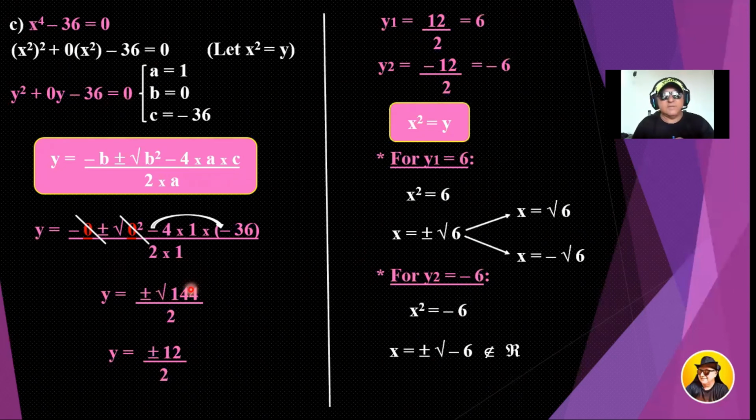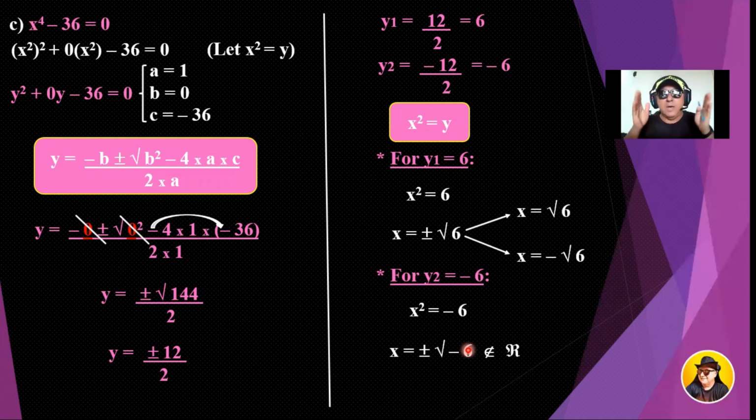Well, there is a problem. In fact, we have been solving these biquadratic questions in the real number set, and in the real number set, it's not possible to calculate the square root of minus 6. In the future, we are going to study the complex number set, where it will be possible.